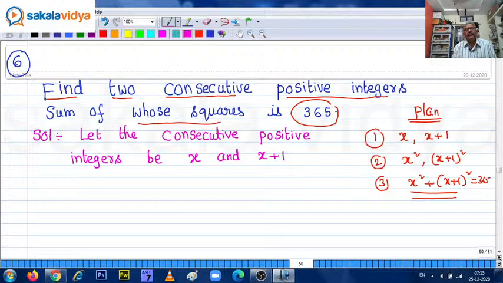Suppose instead of positive integers, odd positive integers are given, you need to take x and x plus 2. If even positive integers are given, you also need to take x and x plus 2. You remember that only. Consecutive positive integers means x and x plus 1.